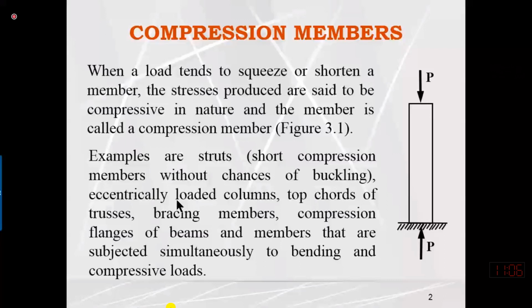You already know from your knowledge of elementary structural analysis that when you analyze a truss, a truss member might be subjected to either compression or tension. Also compression flanges of beams and members that are subjected to simultaneous bending and compression forces.